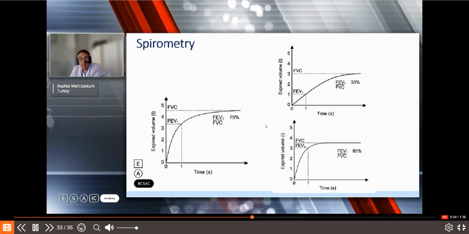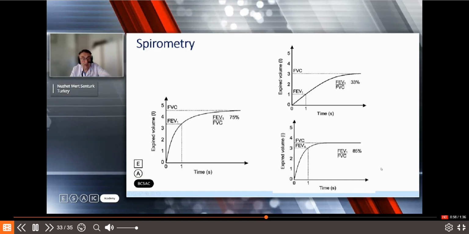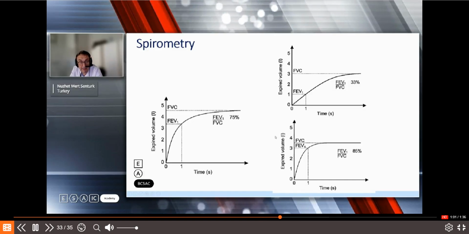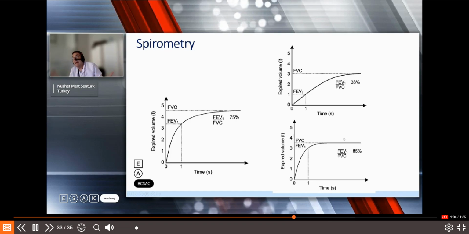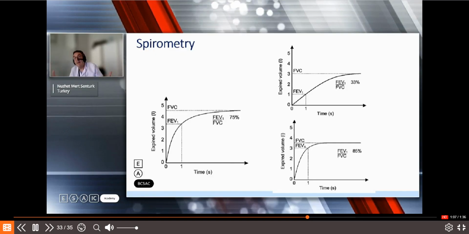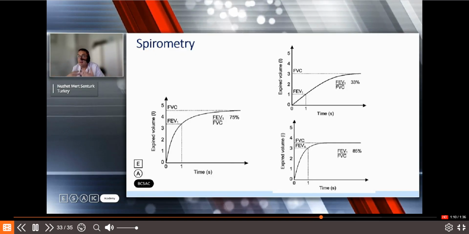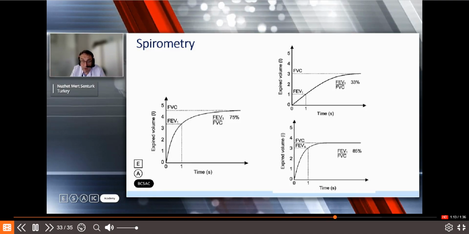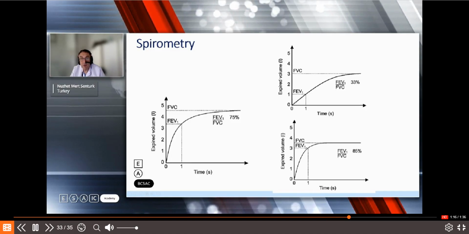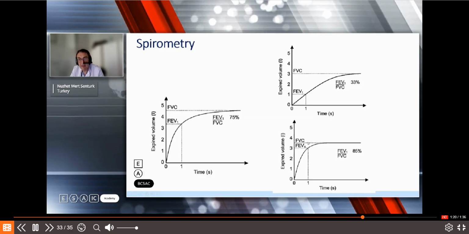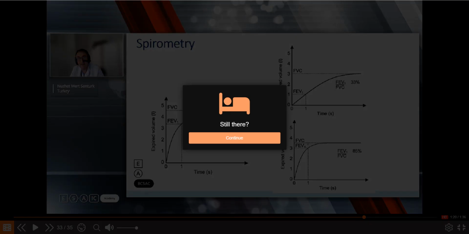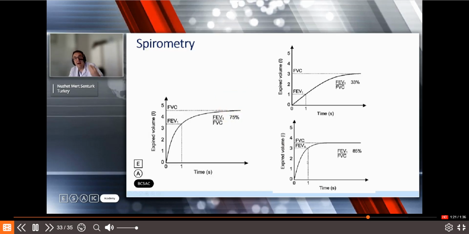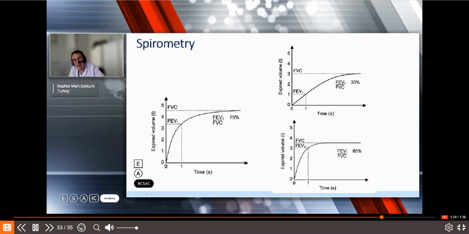In the other case, if the ratio is normal or higher, but the total vital capacity is lower, that would mean that the balloon was not filled, or the filling of the balloon was problematic, and therefore the decrease in the FVC would speak for a restrictive lung disease, a problem within the alveoli, within the parenchyma of the lung.